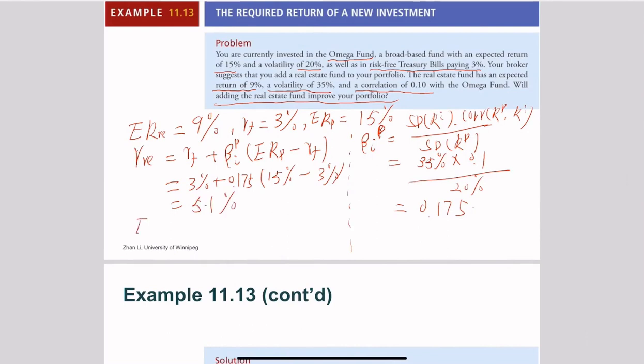We find out the expected return is larger than the required return, right? Because we're comparing 9% versus 5.1%. And this basically tells us the answer is yes. We should add the real estate fund into the portfolio. It will improve our portfolio.